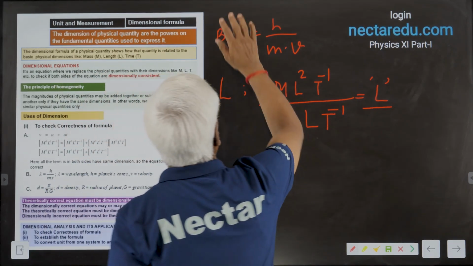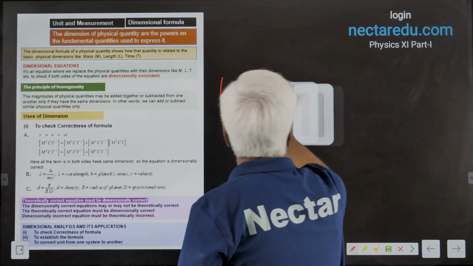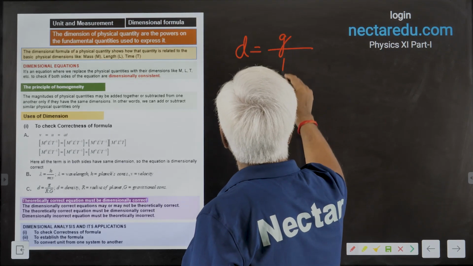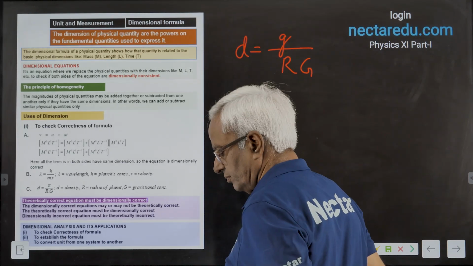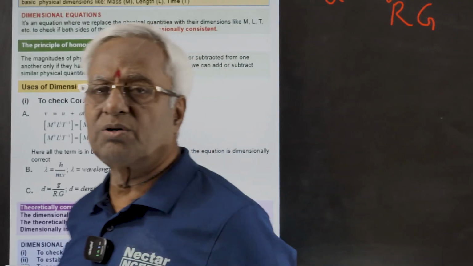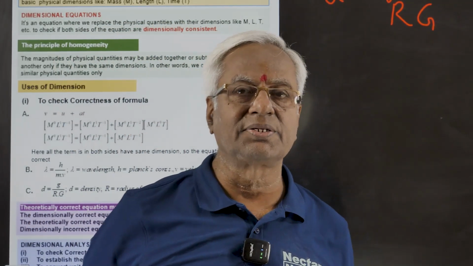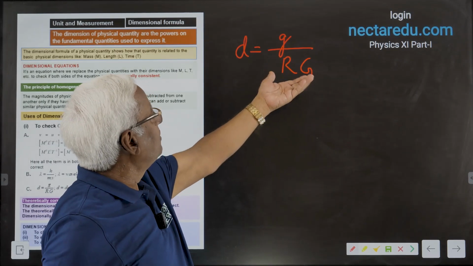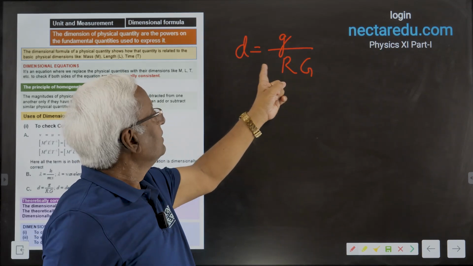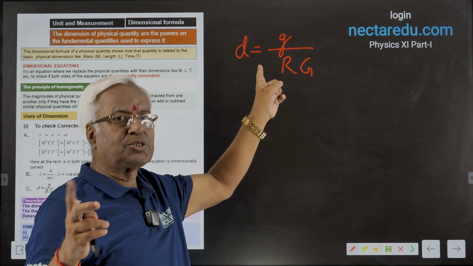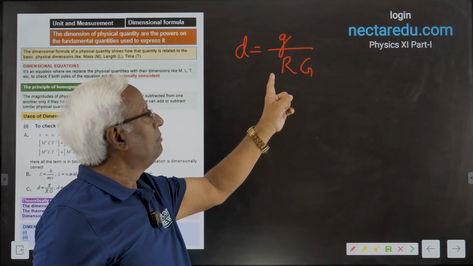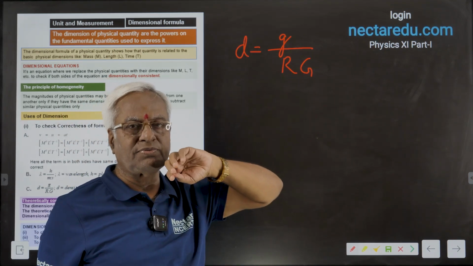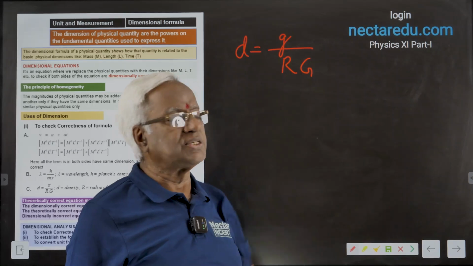Then another example: D equals g upon Rg. For astronomical objects, the acceleration due to gravity of that planet or satellite is given by this formula. Here, D stands for density of that astronomical object, R is the radius of that object, and capital G stands for the gravitational constant.